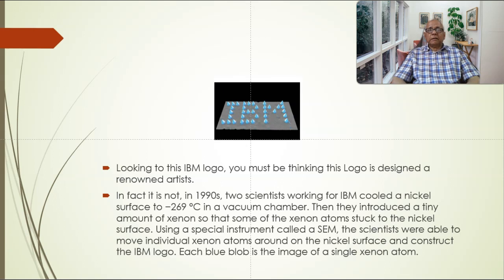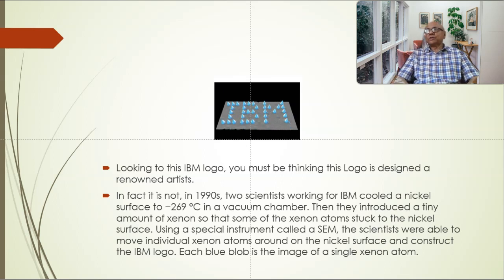This slide shows a logo of IBM. You might think that it has been done by an artist, but it is not. Two scientists in the 1990s cooled a nickel surface at minus 269 degrees Celsius in a vacuum chamber. Then they introduced a tiny bit of xenon so that some of the xenon atoms stuck to the metal surface.